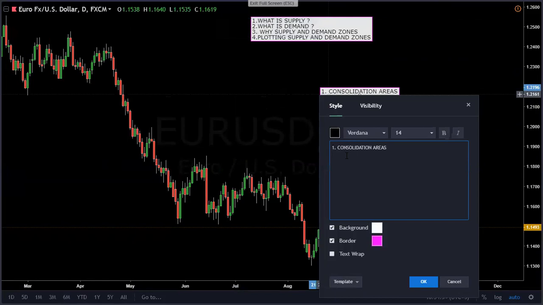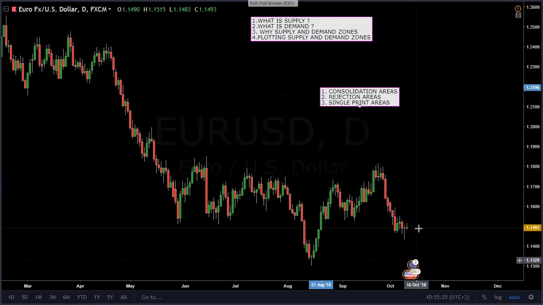I'm just going to look at the major zones. Second is the rejection areas, and third is the single print areas.